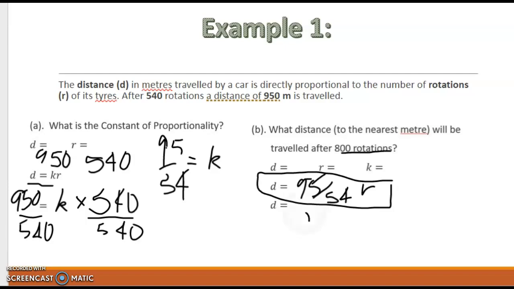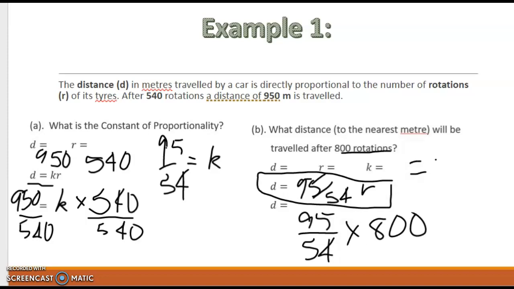So therefore D equals 95 over 54 times 800, which gives us 19,000. And remember, that's in meters. So we can change that to kilometers by dividing by 1,000. That gives us 19 kilometers.